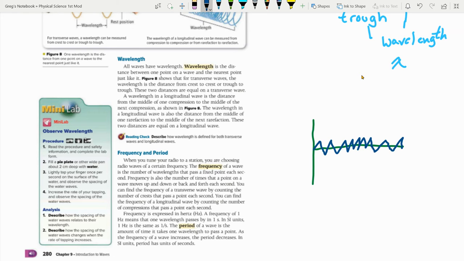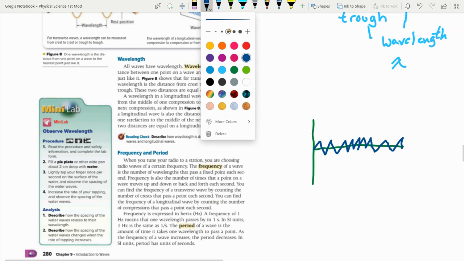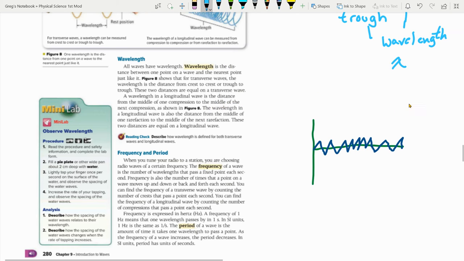Okay, so these areas where it is spread out, the areas here where the wave is spread out, it's called a rarefaction. Where it's jammed together, we'll go from right here to right here, where it's jammed together, that is a compression. So where it's jammed together is compression, where it's apart is a rarefaction.